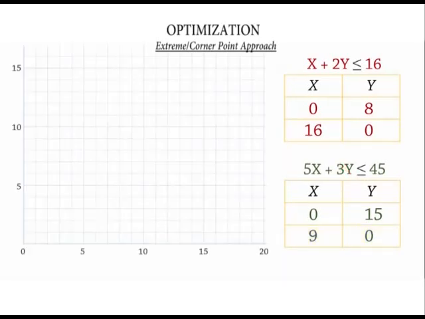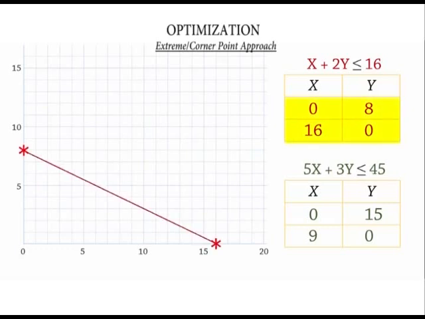Now, when drawing the graphs, you realize we stay in the first quadrant, where x and y are both positive because of the non-negativity constraints. For the first constraint, we have the points 0, 8 and 16, 0. That's the line. For the second constraint, we have the points 0, 15 and 9, 0, and that's the line.